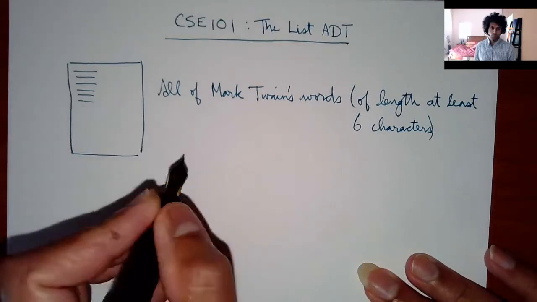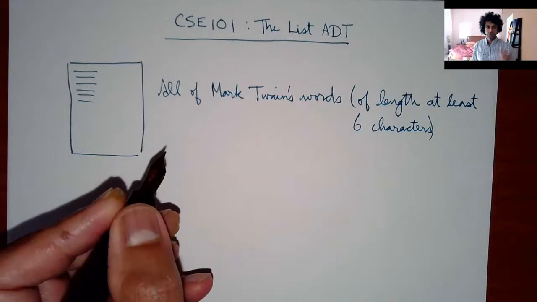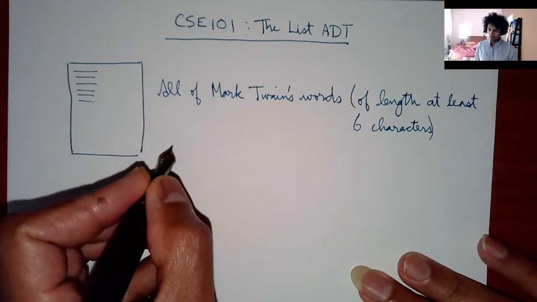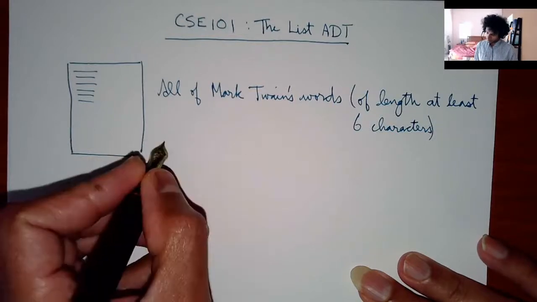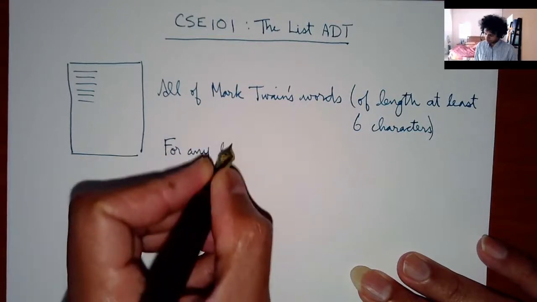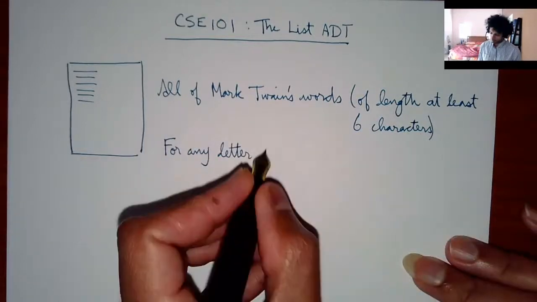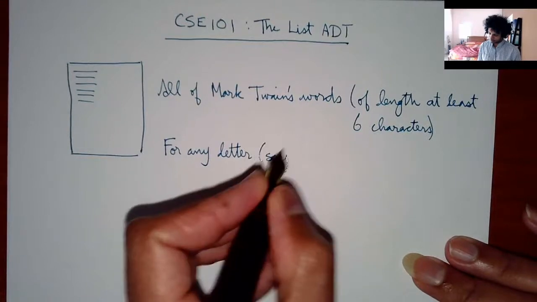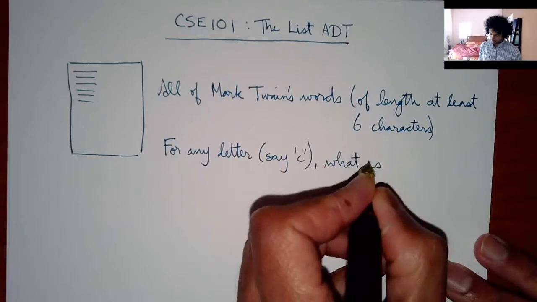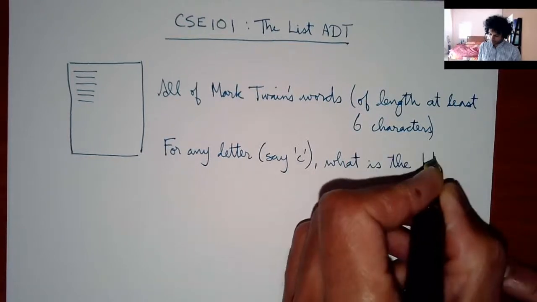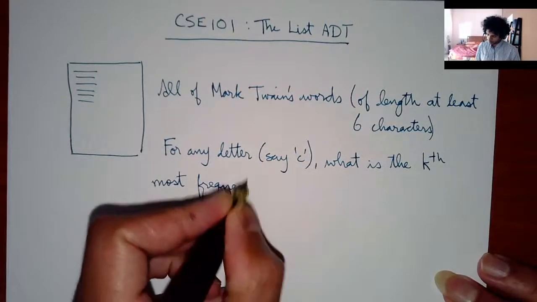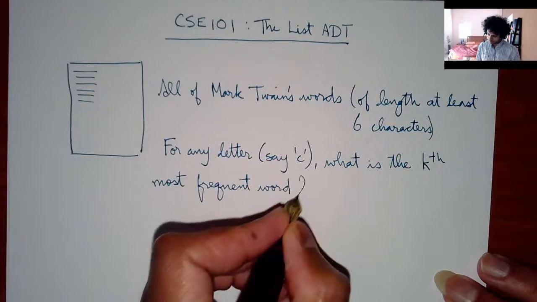And what you need to do is go through the file and write a program that will answer the following queries. The queries are, for any letter, say C, what is the kth most frequent word?